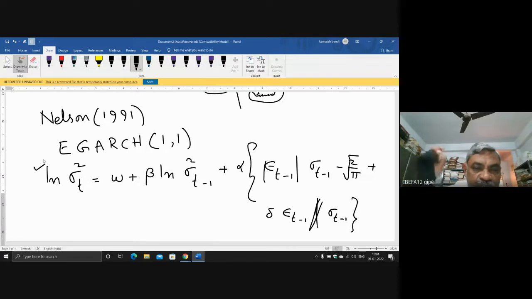As I just said, when there is a negative shock, the market is pulled down. A positive shock pulls up, but not as much as the negative shock pulling down. So the parameter delta will give you the measure of asymmetry.